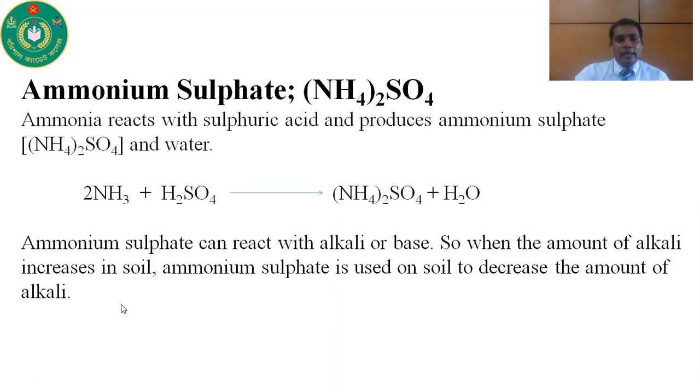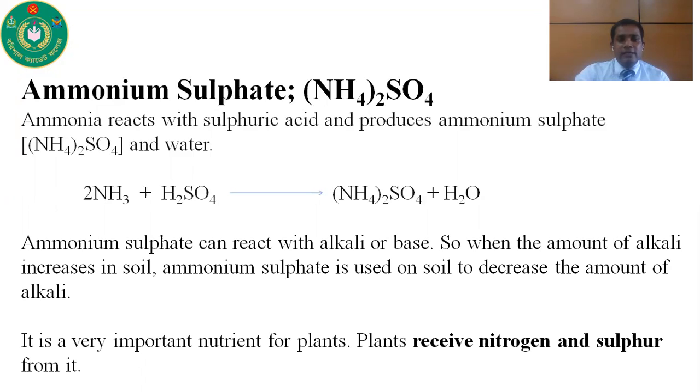So when the amount of alkali increases in soil, ammonium sulfate is used on soil to decrease the amount of alkali. Previously we saw that limestone is used to reduce acidity, and in this slide you can see that ammonium sulfate is used to reduce the amount of alkali, and it is a very important nutrient for plants. Plants absorb nitrogen and sulfur from this fertilizer.